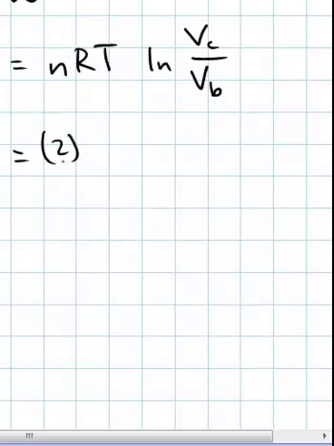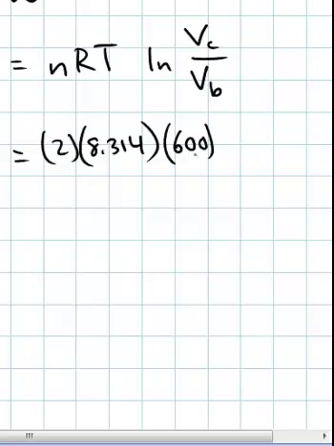Two moles, 8.314 joules per mole Kelvin. 600 Kelvin is the temperature, and we've got the natural log of 0.0998 over 0.0333.